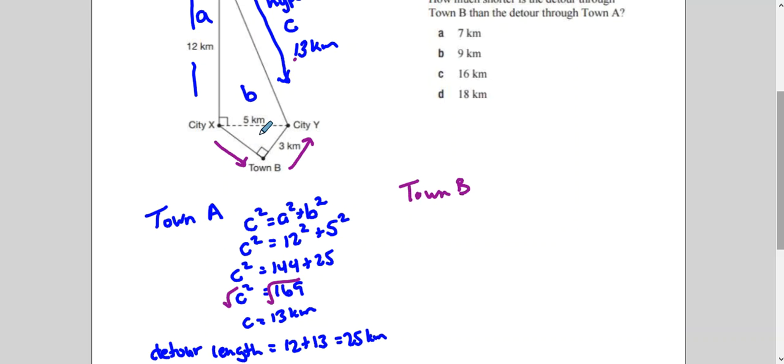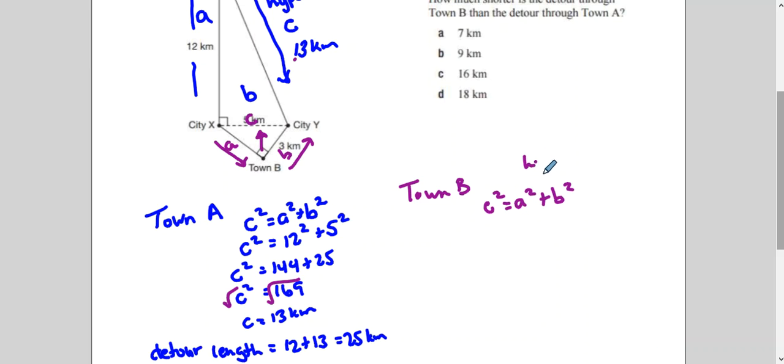what do we know from town B? Well, there's that distance. Well, if I'm looking at town B, where's my right angle? Well, it's right there. Opposite my right angle, that has to be C. The other two sides can be A and B. So let's plug it in. So it really depends on the given information.